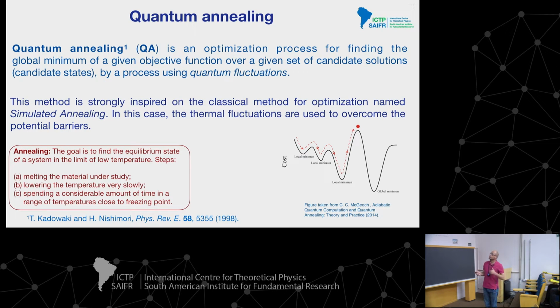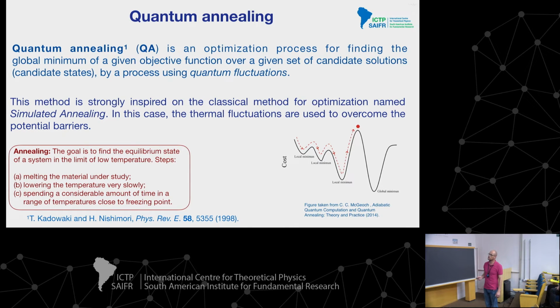And the idea is that in quantum annealing, you make use of quantum fluctuations, right? From the history point of view, this method, quantum annealing, is inspired by simulated annealing. Simulated annealing is based on the annealing process. The idea is to find an equilibrium state for very low temperatures.